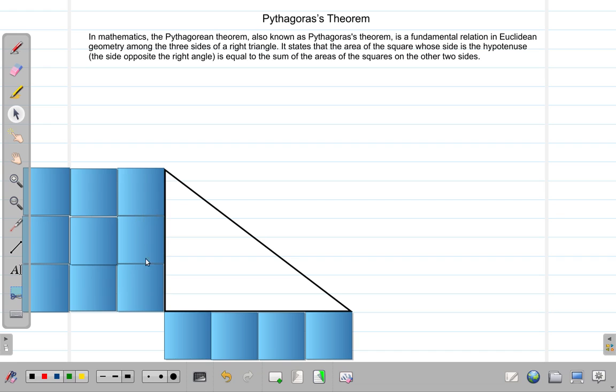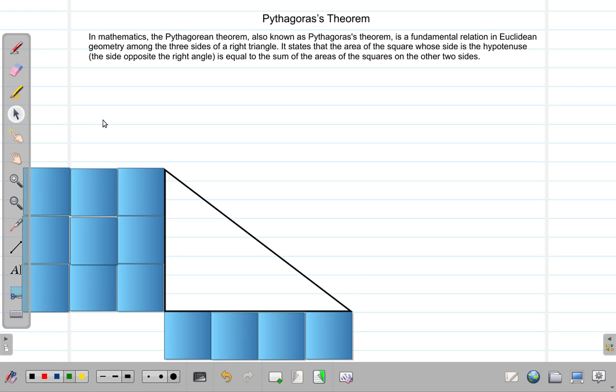So the total area of that square is 9: 1, 2, 3, 4, 5, 6, 7, 8, 9 squares. We don't have the space below here to show all the squares, but it would be 16 squares here.